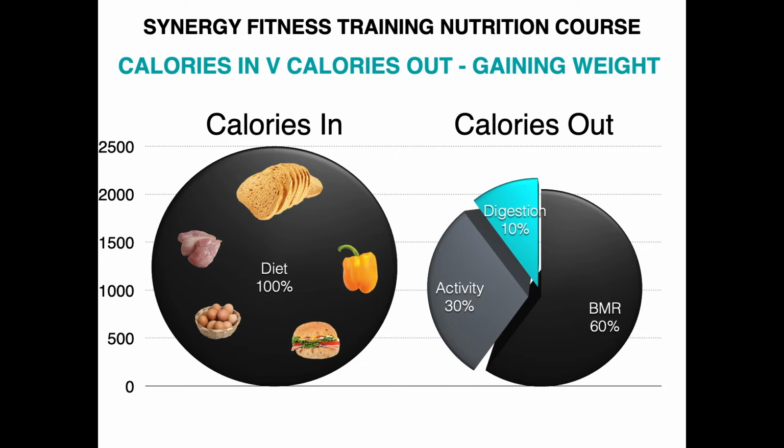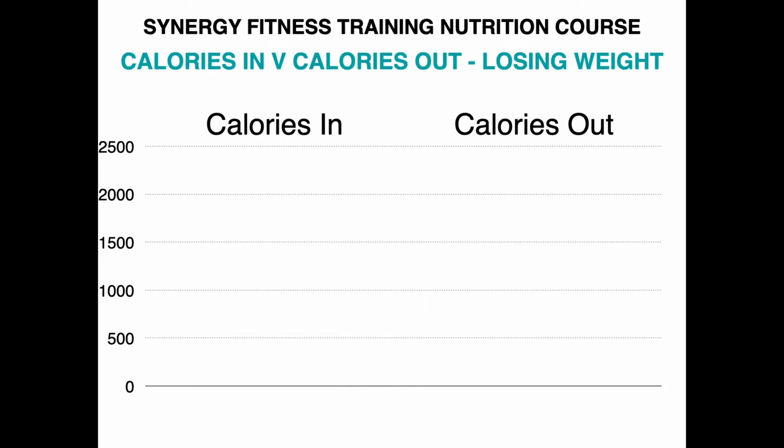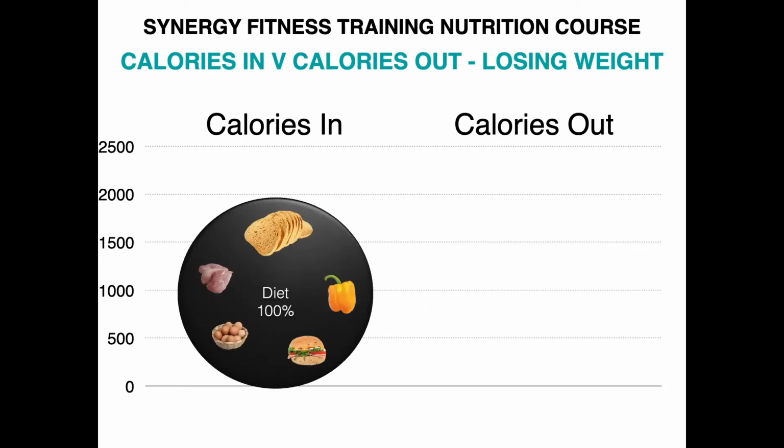Whereas when we are losing weight, our calories in is lower than our calories out, as seen in the next slide. Again, fairly simple stuff. The calories we eat here are lower than the calories we are using, hence we lose weight.